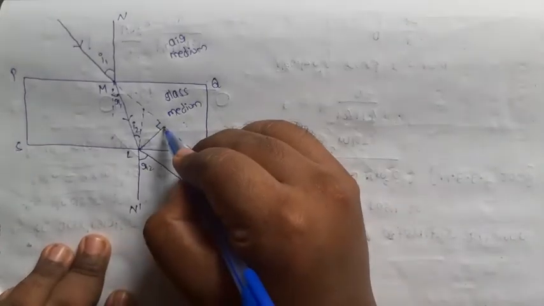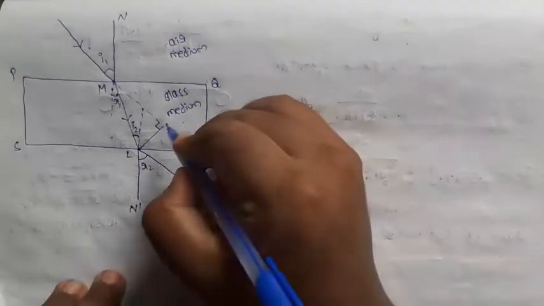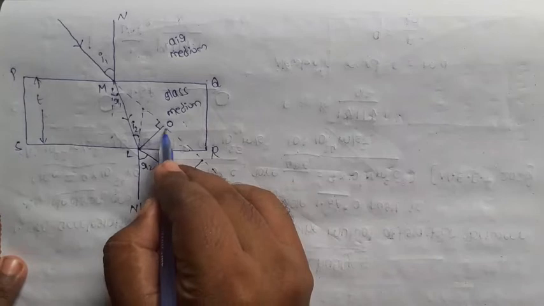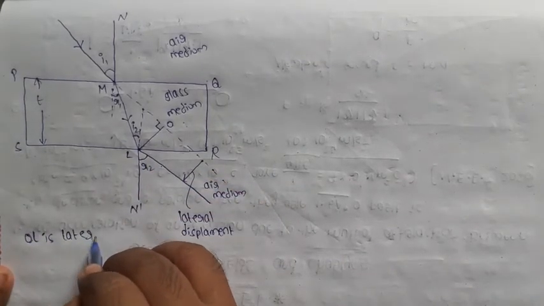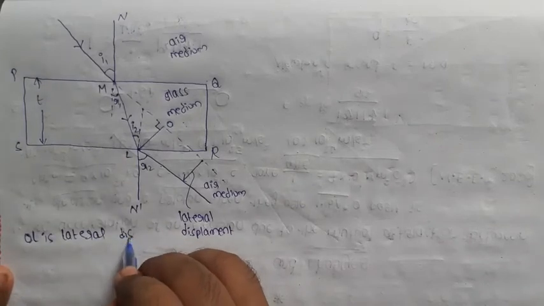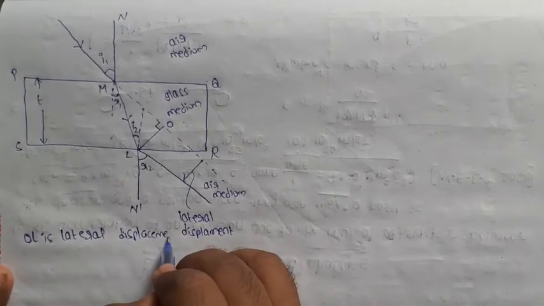I am taking here O. The thickness of the glass slab is T. So the line OL is the lateral displacement. So we are going to find out the value of OL.